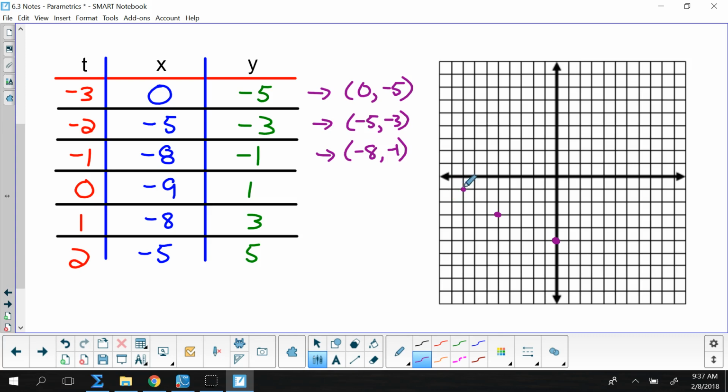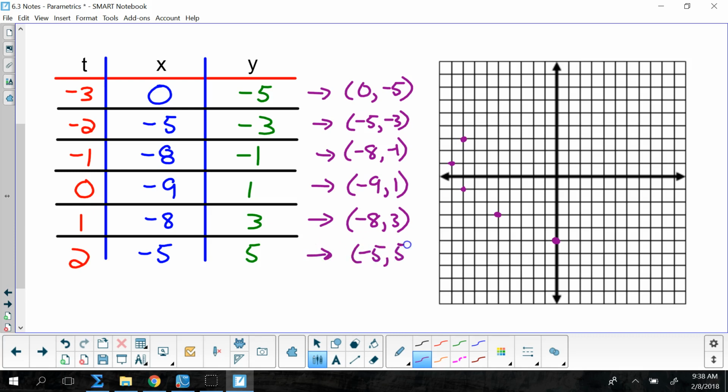The point negative 9, comma, positive 1. Negative 8, comma 3. Negative 5, comma 5. Right there.